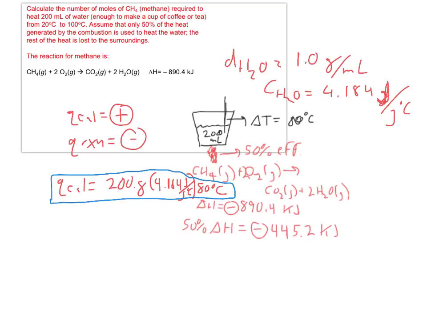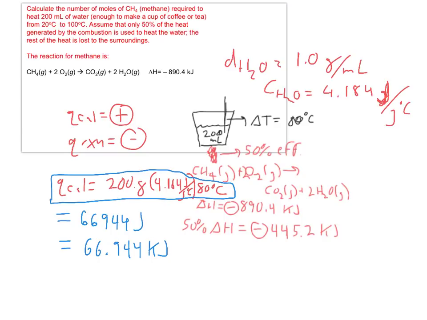So if I do that math, the coffee cup needs to absorb 66,944 joules, or 66.944 kilojoules of energy. So that's how much it needs to absorb.